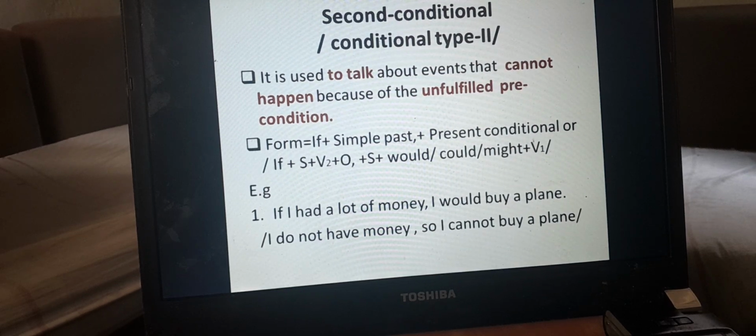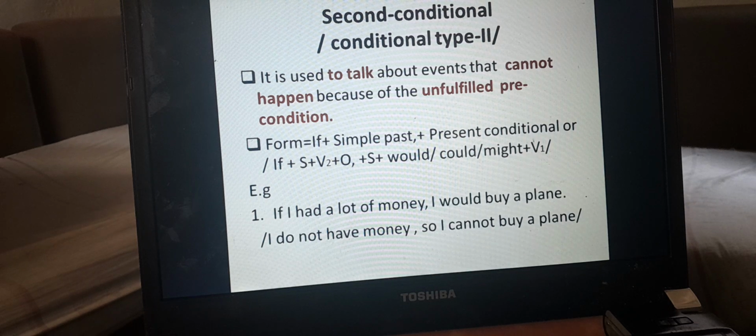Second conditional type. It is used to talk about events that cannot happen because of the unfulfilled preconditions, okay? Simply, this conditional type 2 can be used to express our wish, okay? Because of natural and man-made factors, you might have no chance to be.